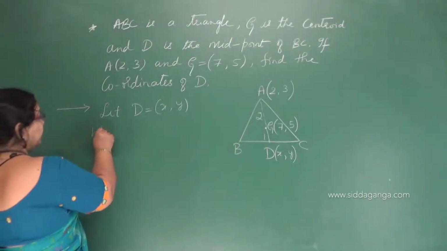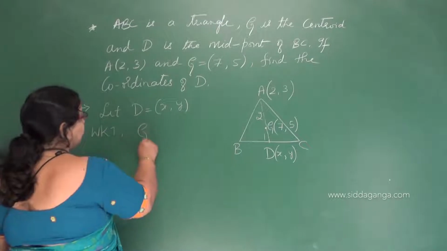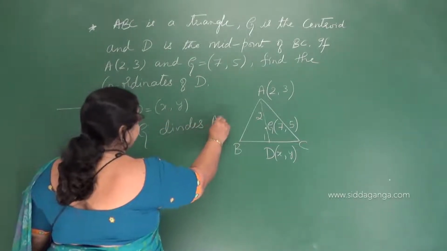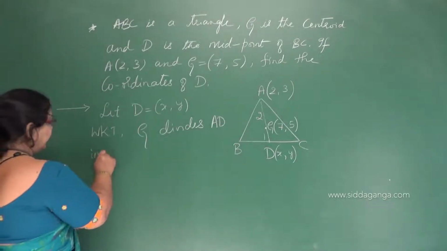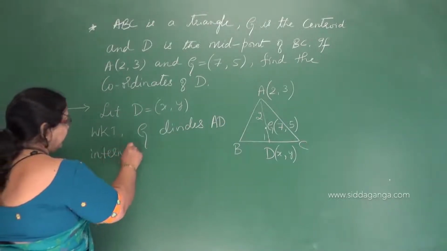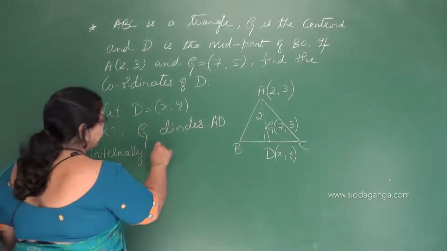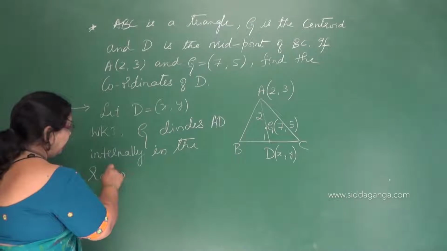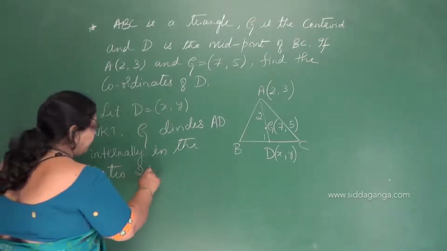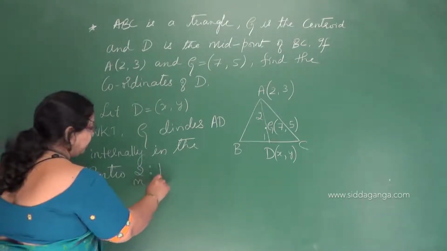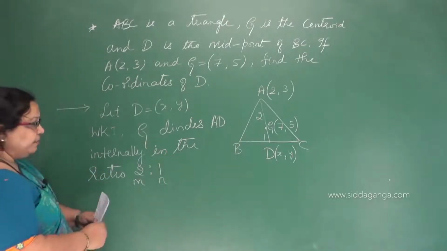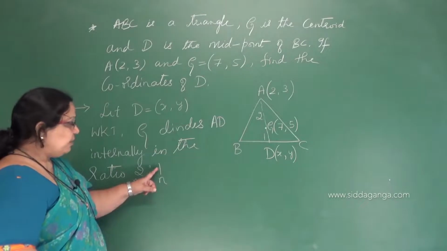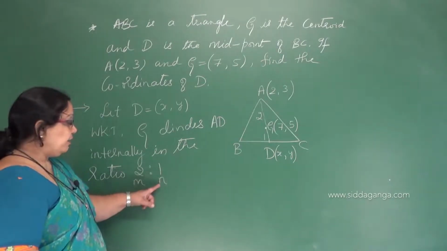Now we know that G divides AD internally in the ratio 2:1. That means in place of m we substitute 2 and in place of n we substitute 1.